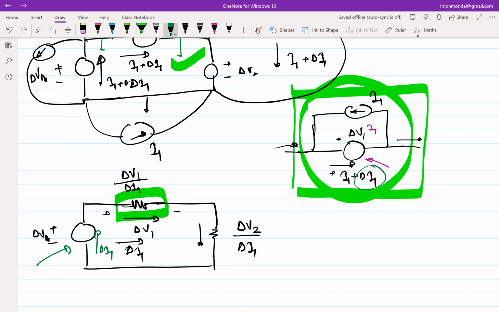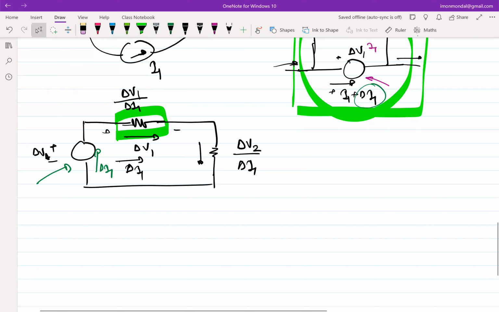Right? Okay. So essentially, thank you for bringing it up. The discussion that we are having is, why didn't we replace this delta VA with the incremental equivalent? So what is the incremental equivalent of a battery? We alluded to it at the end of the last class.